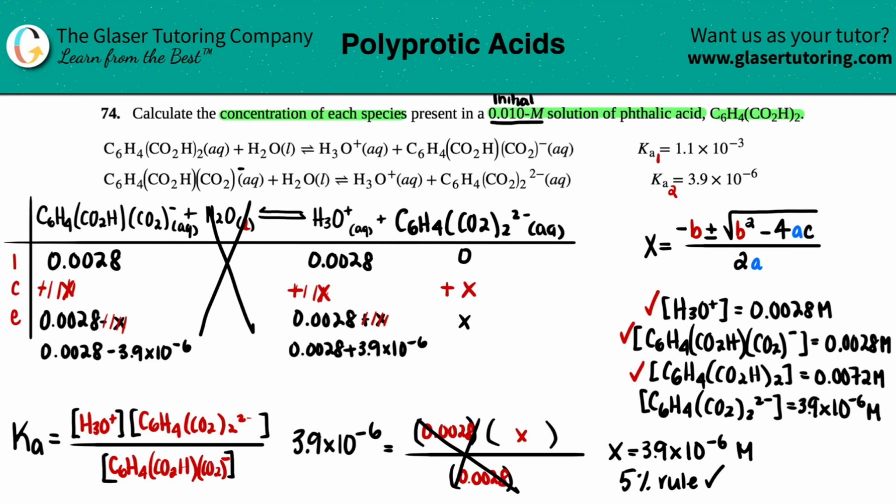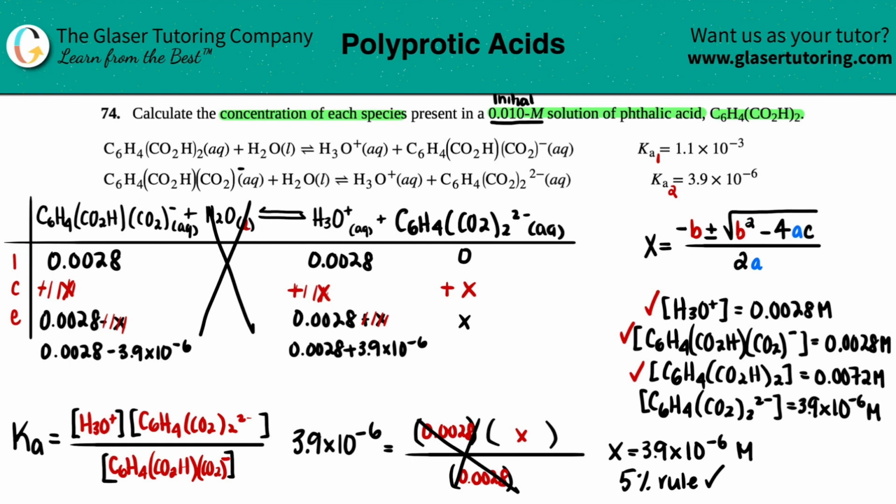If we round, it's not changing, so I'm going to keep it as that. It will change after 3 sig figs, but I'm just going to keep it as 2. And 0.0028 plus 3.9 times 10 to the negative 6 is the same thing. It's still 0.0028. So I'm just going to leave those.